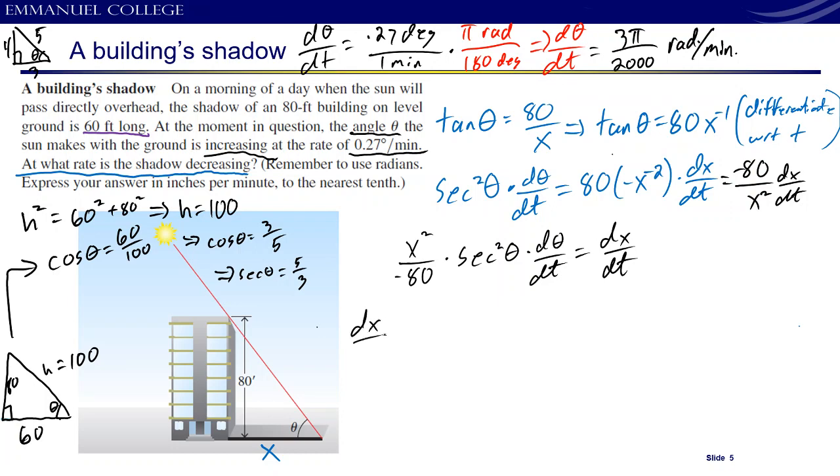So that means dx/dt is equal to, so x at the given time is 60.